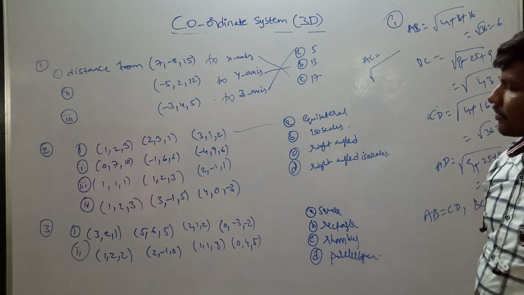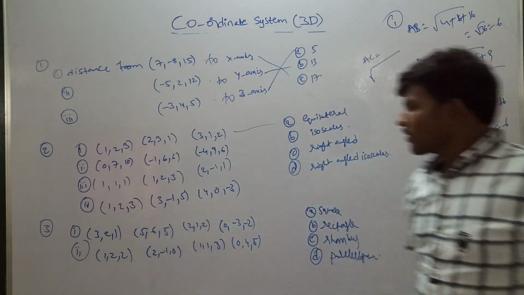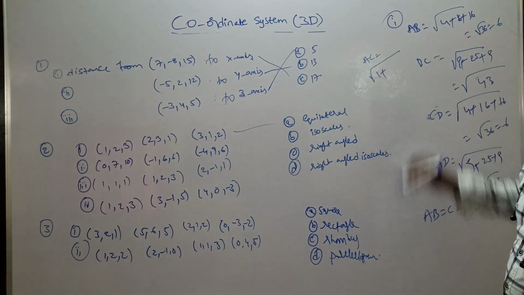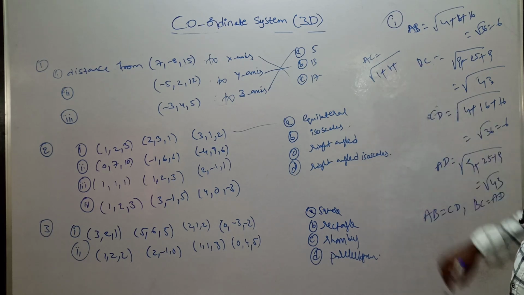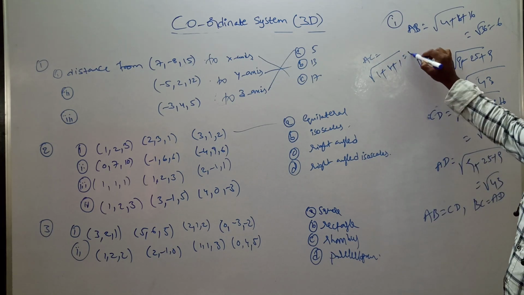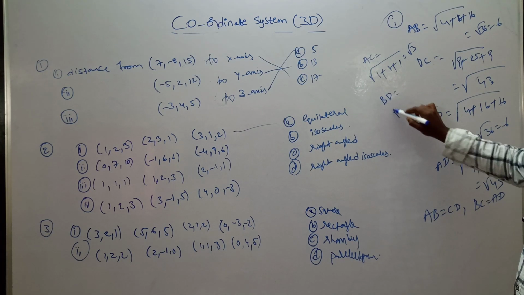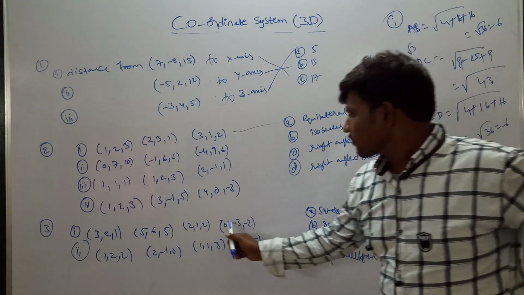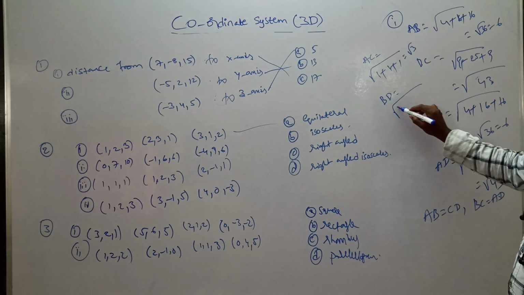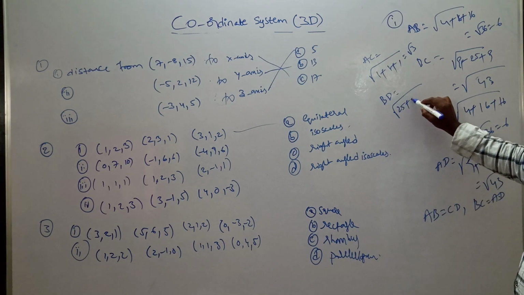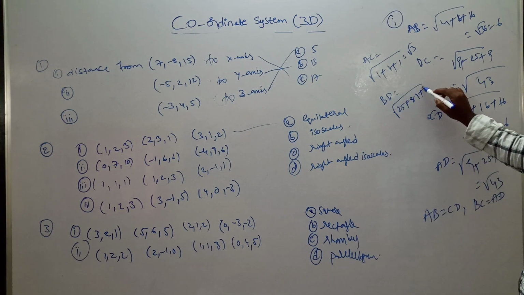AC equal to (2 minus 3) whole square, 1, (1 minus 2) whole square, 1, (2 minus 1) whole square, root 3. BD equal to root of 25 plus 81 plus 40.